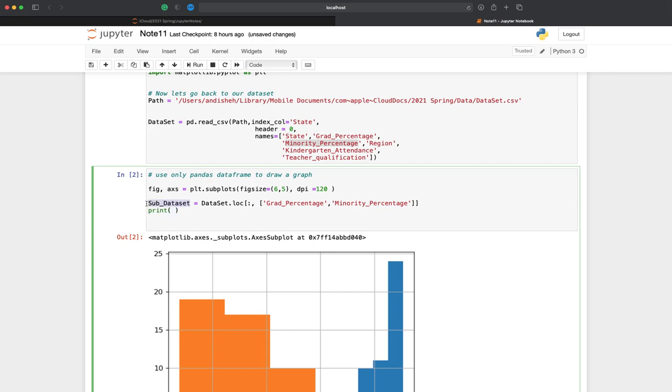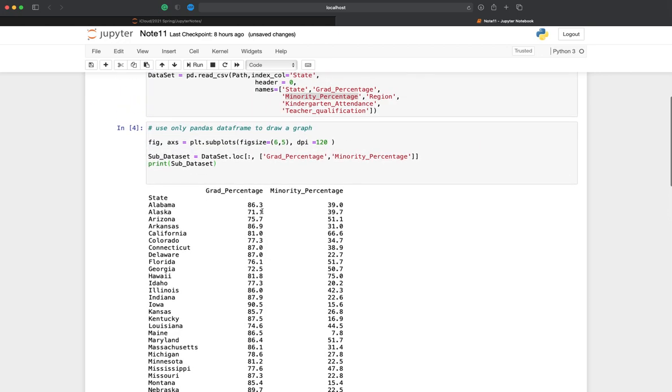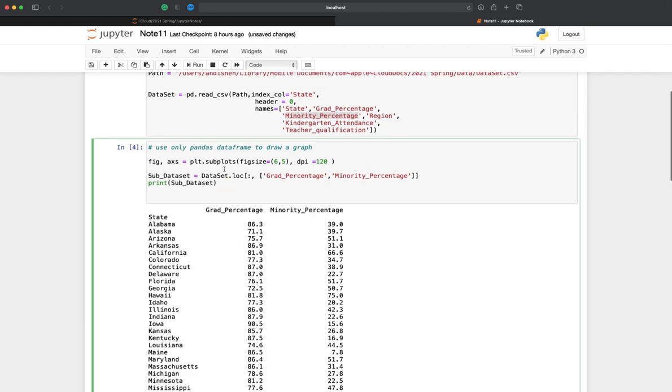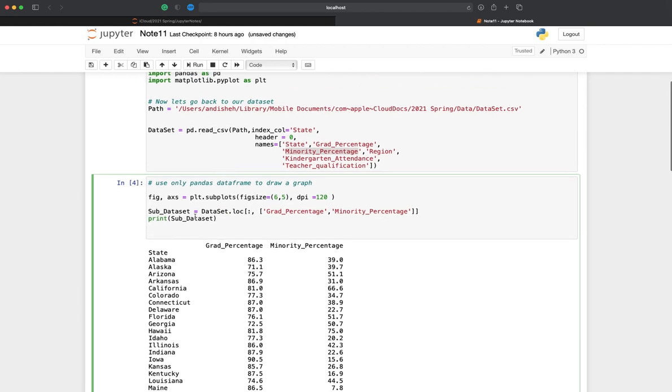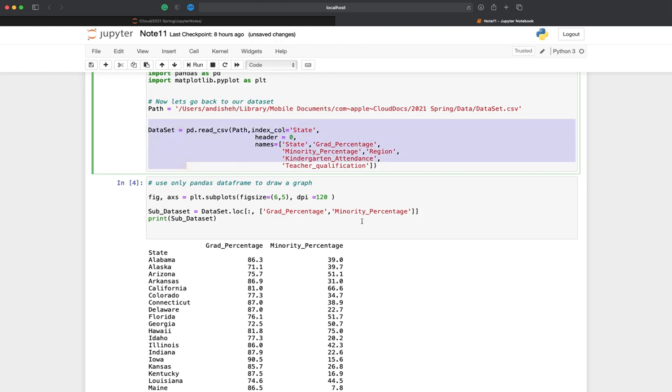Okay, so in this way, let's see how our sub data set looks like. So I have just 2 columns of the data set. So that's why I'm calling this sub data set. Means this is a subset of this data set, right?